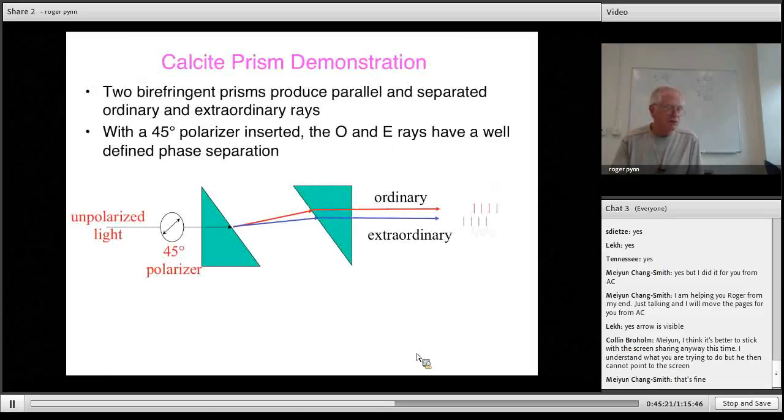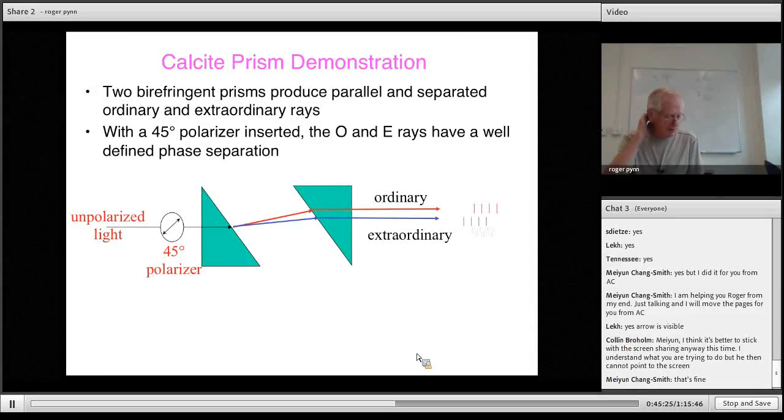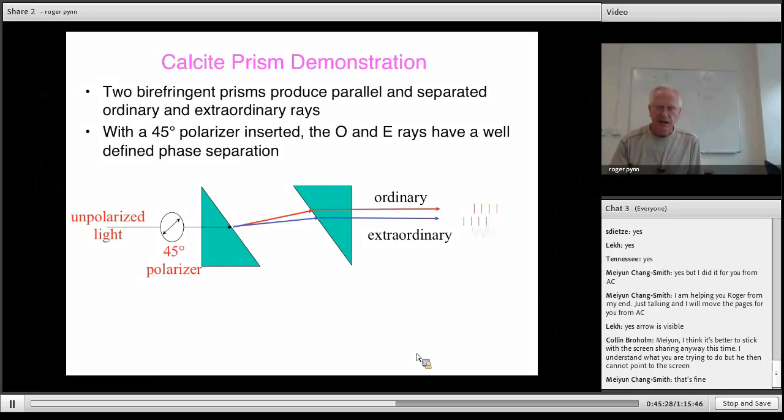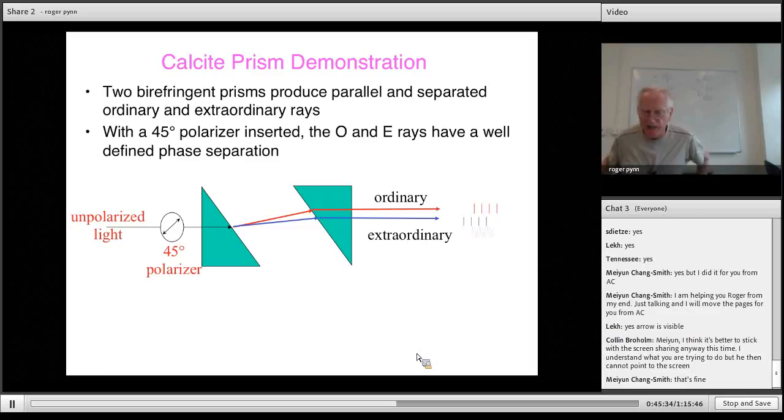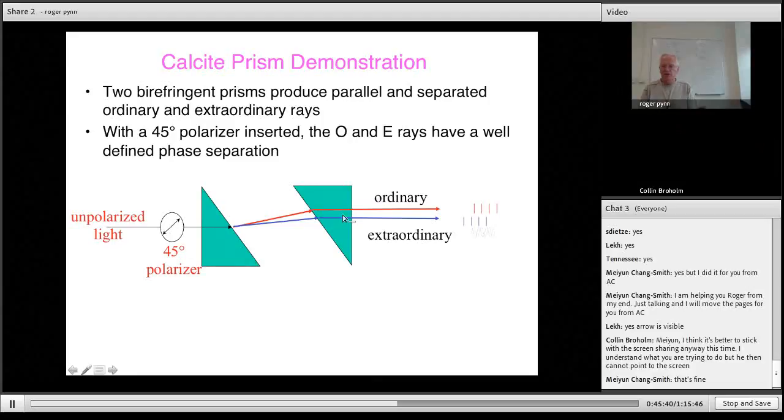I want to give you a little demonstration of how this works if you think about things in quantum mechanics. And to do the quantum mechanical derivation, let me go back and talk about optics. So imagine that you had two calcite prisms here. You may or may not know that calcite is birefringent.